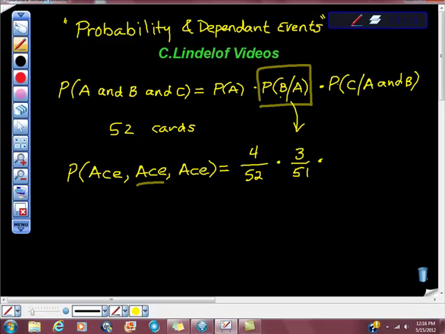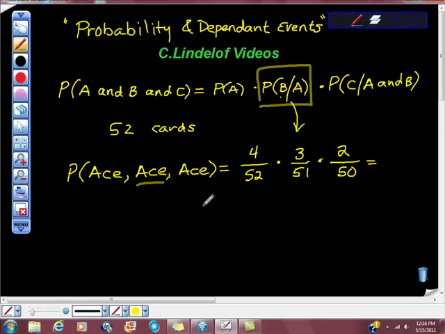Now you get to here. The probability of the third ace, given the fact that I already drew an ace and an ace, right? Well, that would be 2, because there are 2 aces left to draw, aren't there? And they're not 52 cards, they're not 51 cards, because I took a card here and a card here, so we're down to 50 cards.